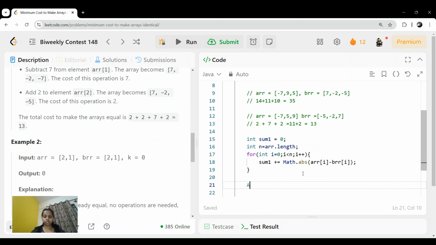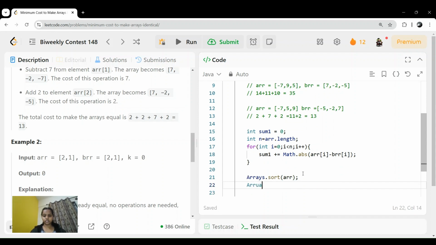Now we will sort the arrays: Arrays.sort(arr) and Arrays.sort(brr).